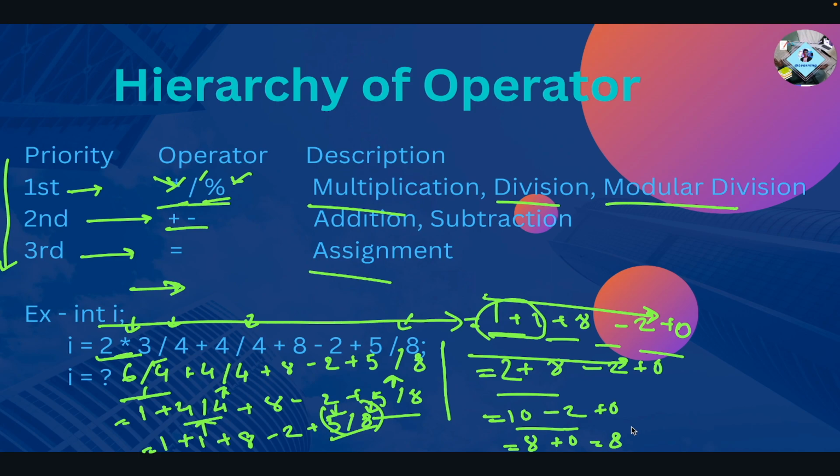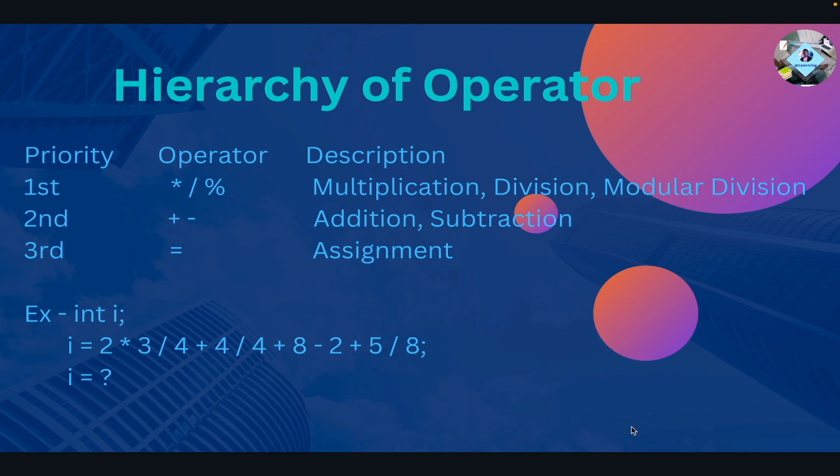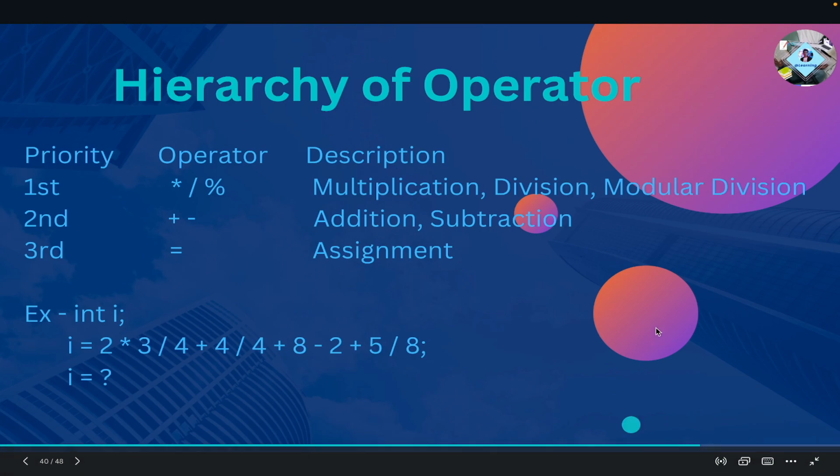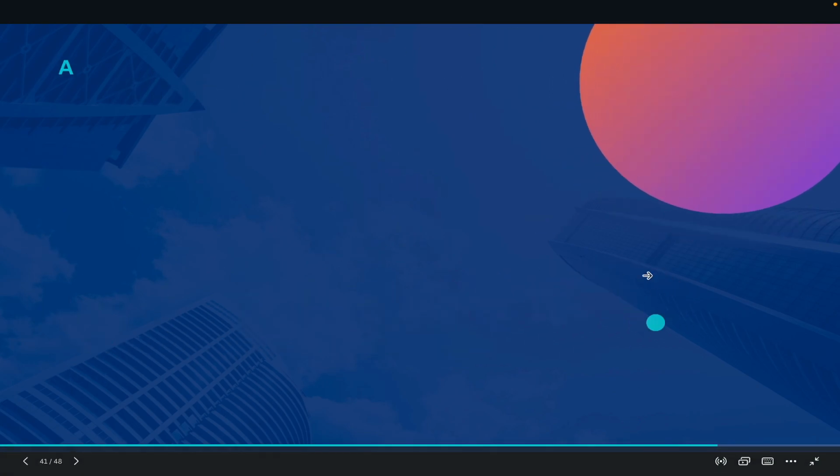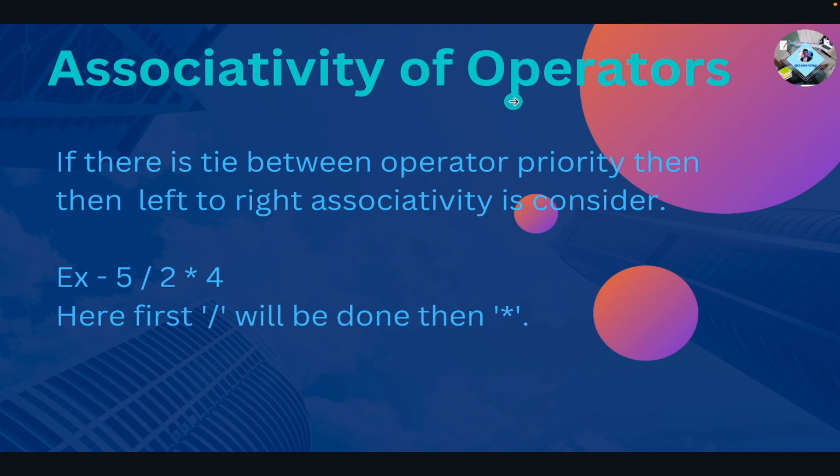Okay, in the next slide, associativity of operators. I have already discussed that if there is a tie between operators' priority, right? We know the operator priority is first multiplication, division, or modulo, then plus and minus, then equal, right?